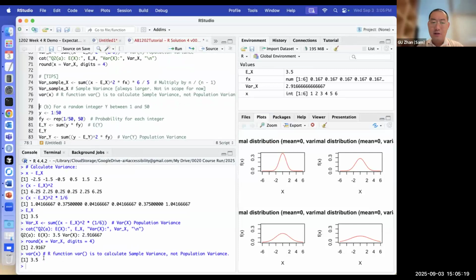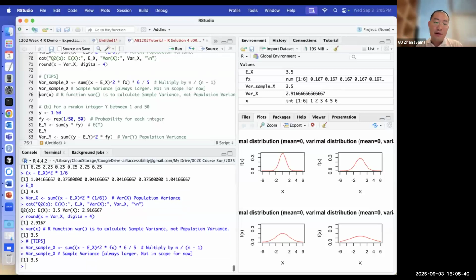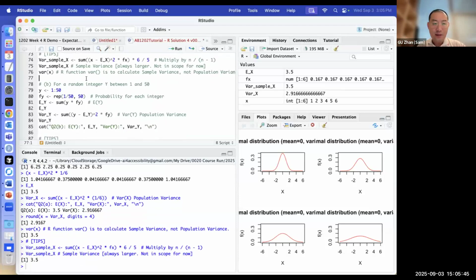It is a sample variance because the R function assumes it is a sample. When you have a sample, it uses n minus 1. With 6 dice, n equals 6, and 6 minus 1 becomes 5. So in fact, it is giving you a sample variance, not population variance.